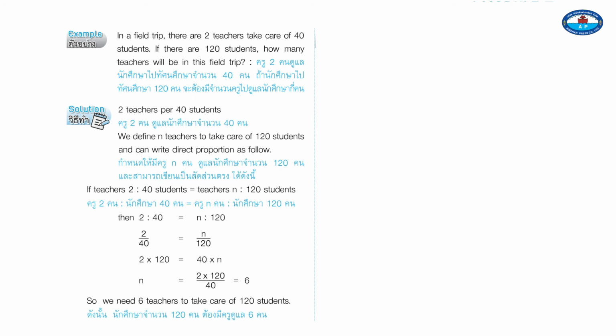Example, in a field trip, there are 2 teachers taking care of 40 students. If there are 120 students, how many teachers will be in this field trip? Solution: 2 teachers per 40 students.